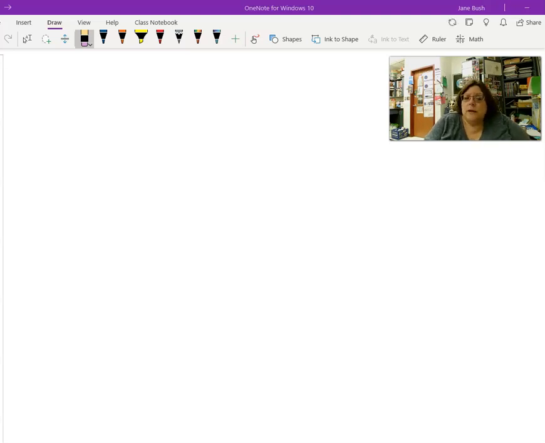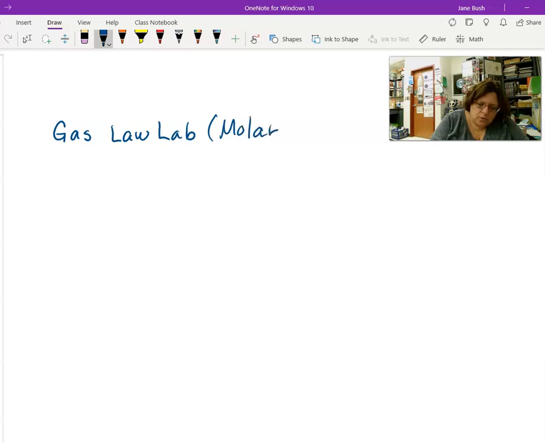We are going to do a pre-lab for the gas law lab found in the back of your gas packet. The title of this, according to the sheet in your packet, is Gas Law Lab, but you could also call it Molar Volume of a gas.